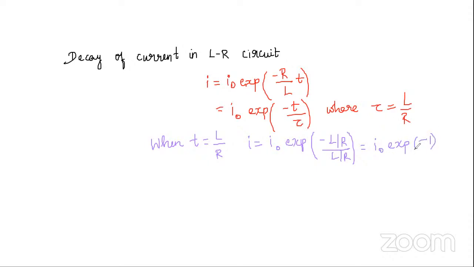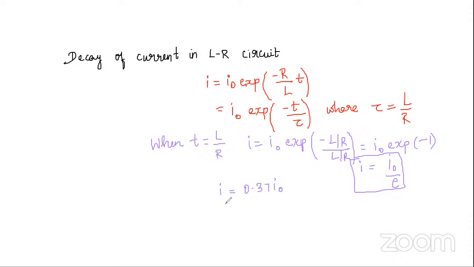That means I naught by e. So I equals I naught by e. When you substitute the values, you get I equal to 0.37 into I naught.